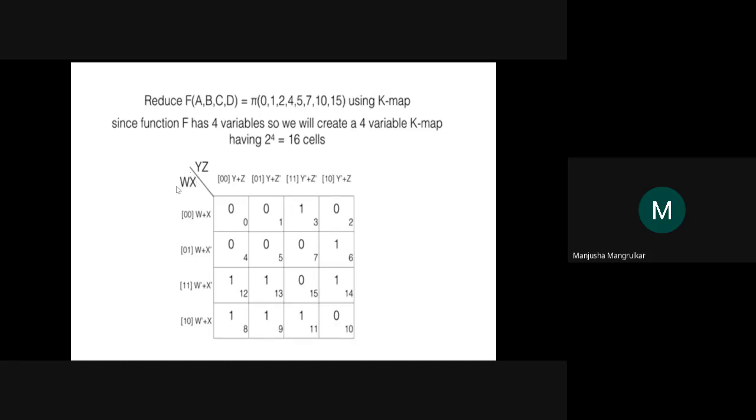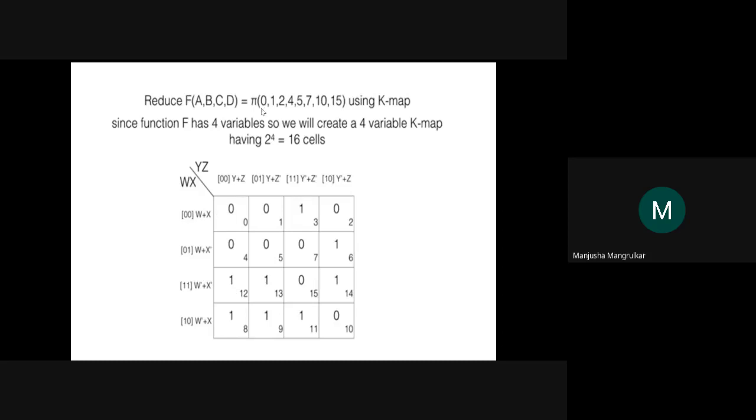Here I have considered w x y z, so you can consider the function of w x y z, don't confuse that, right? Now w x, first write 0 0, 0 1, 1 1, 1 0. This is by default, and similarly 0 0, 0 1, 1 1, 1 0 for y z.